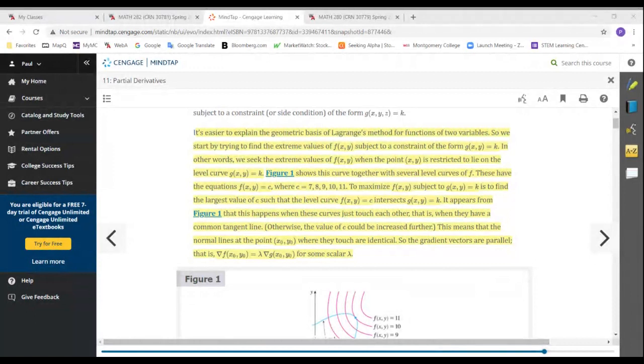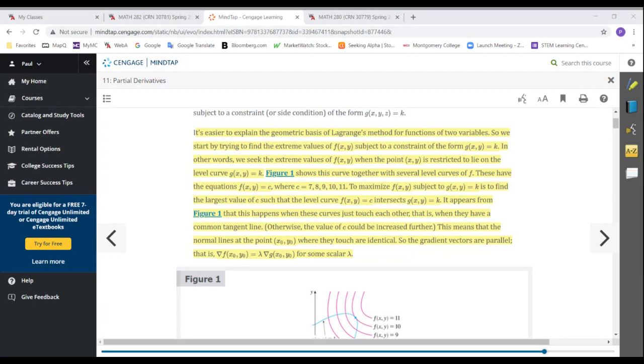We seek extreme values of the function when a point is restricted to lie on a level curve. In other words, we want to find extreme values of a function subject to a constraint. The constraint is of the form g of x, y equals k. The xy coordinate is restricted to lie on the level curve g of x, y equals k.